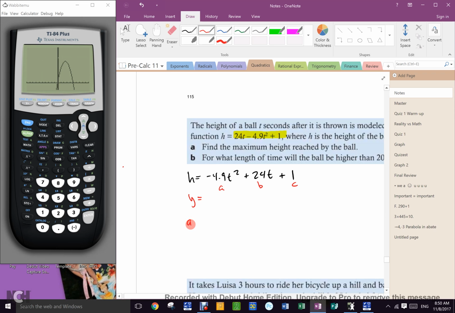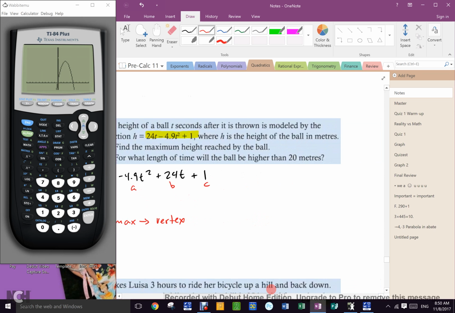So that's A. That's the height, right? Since it's a maximum, it must be a vertex, yes? How do I find it? Second, calc, and what is the choice?